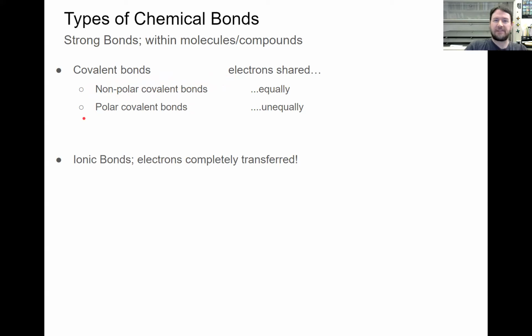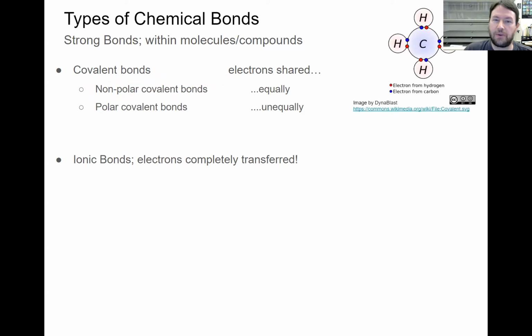So, I've got some examples of all these different types of bonds that I'll go through, and I'm sorry if the slide gets a little messy, but when we're talking about nonpolar covalent bonds, we can see that in a lot of elemental molecules.